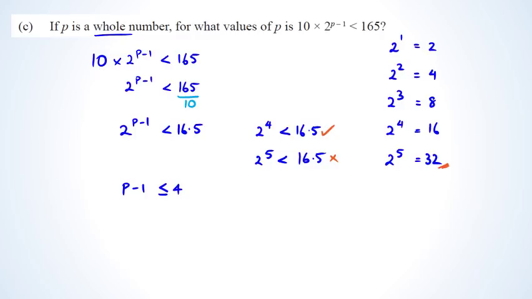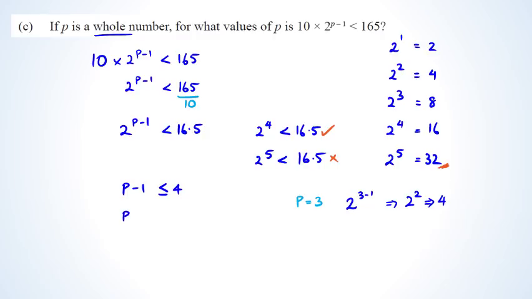Because say, for example, p is equal to 3, then we're going to get 2 to the power of 3 minus 1, which equals 2 squared, which equals 4. And 4 is less than 16.5. So that's the kind of thinking that I'm going behind this.